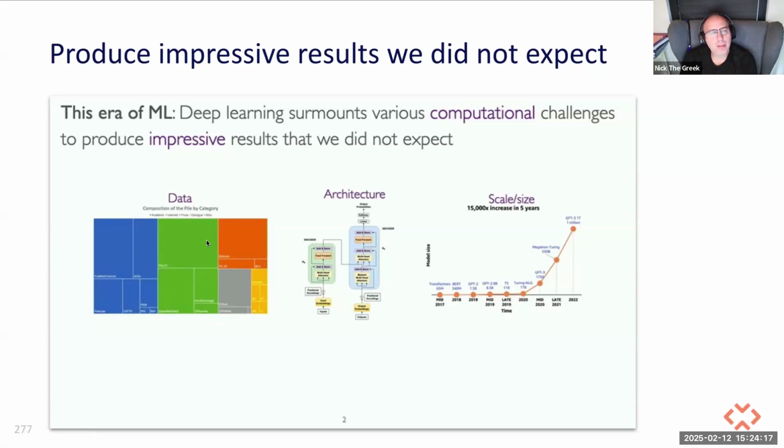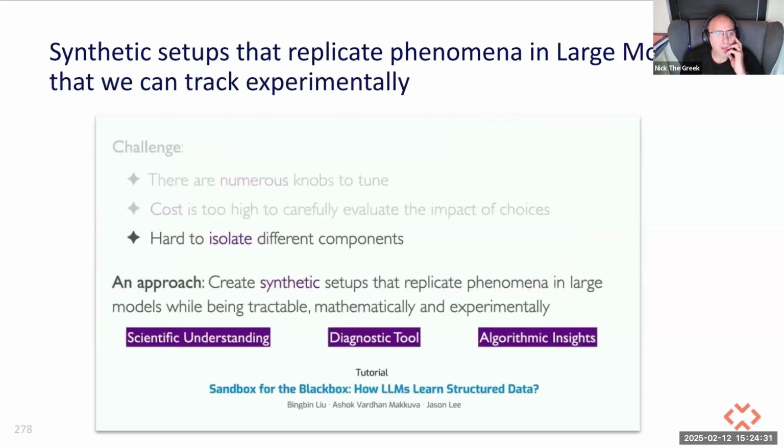I would focus on that curve over here that shows that we had a 15,000x increase in 5 years. Deep learning surmounts various computational challenges to produce impressive results that we didn't expect. Synthetic setups that replicate phenomena in large language models that we can track experimentally are very important.